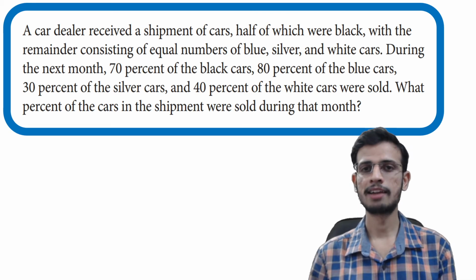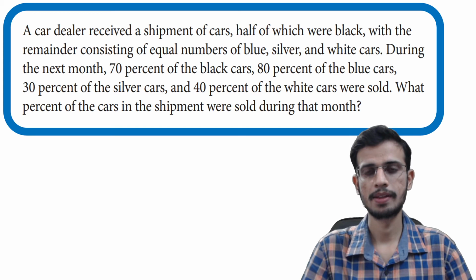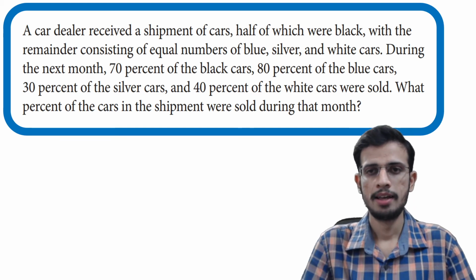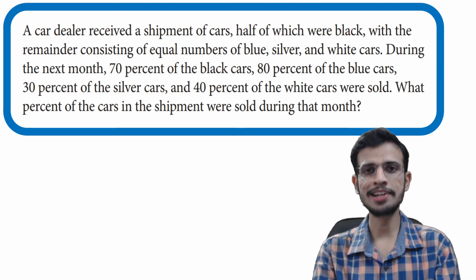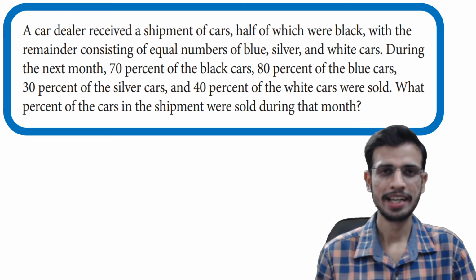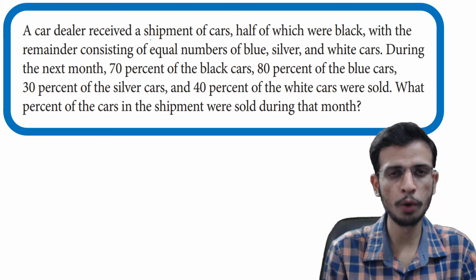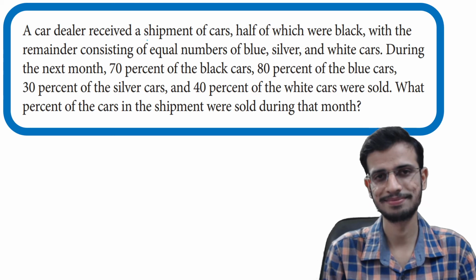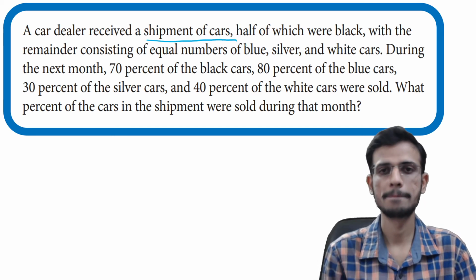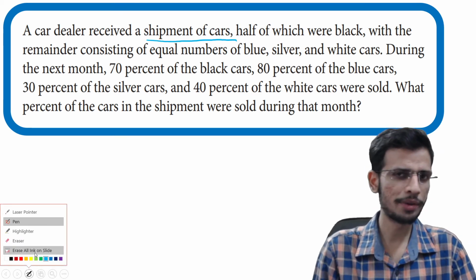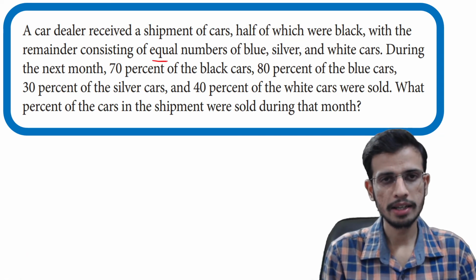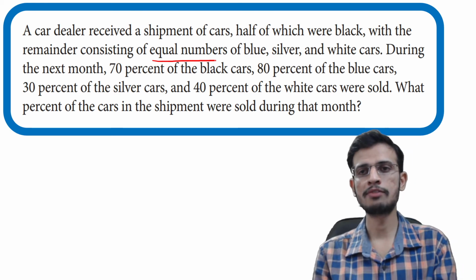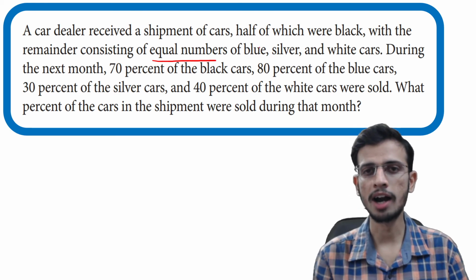There are types of cars. So we have to assume a suitable value at any one place so that we can easily solve this question. We got a shipment consisting of 4 different car colors. To make this question easy for you, I am assuming blue, silver and white cars are equal in number. So I am assuming 100 blue cars.